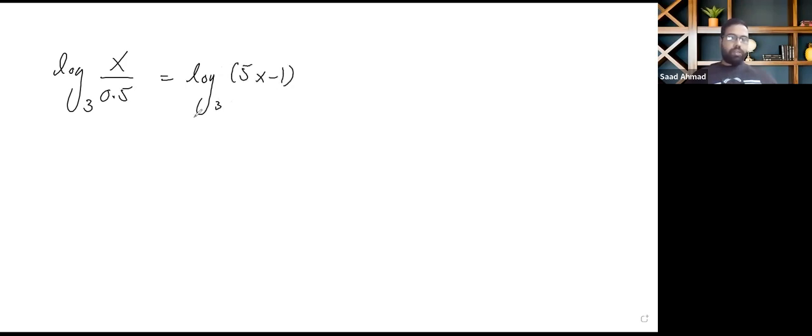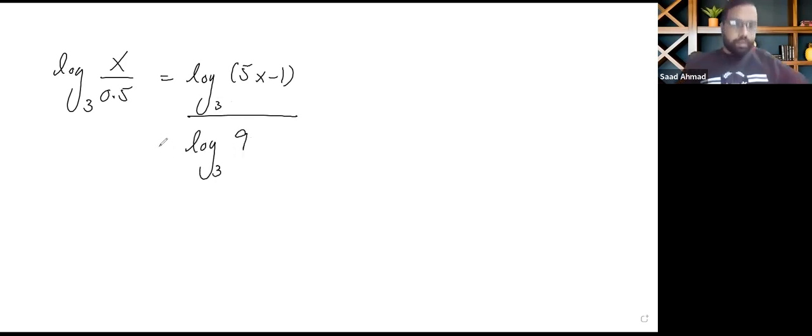log 3 x over 0.5 equals to log 3 5x minus 1 over log 3 and then so let's start on both sides.